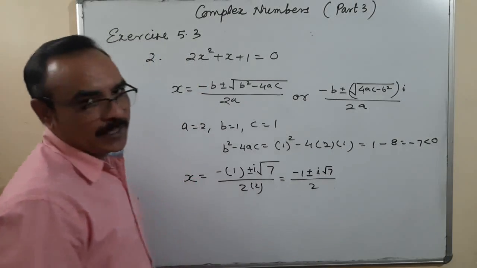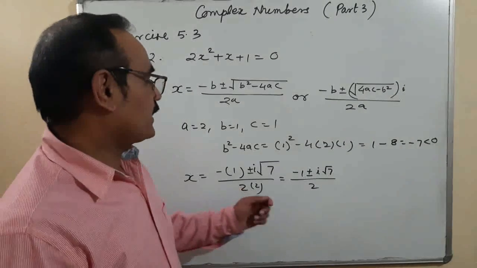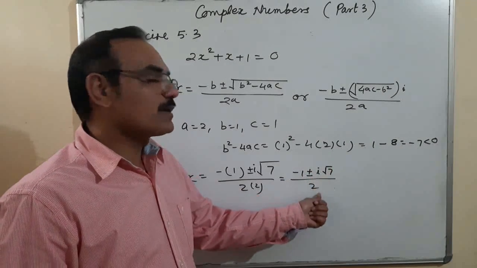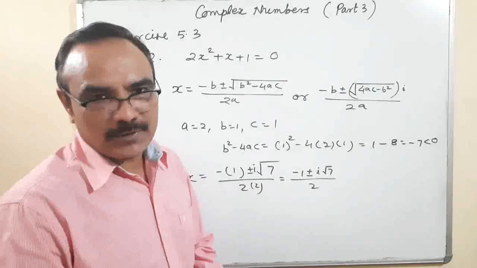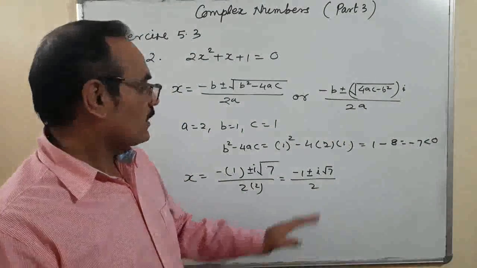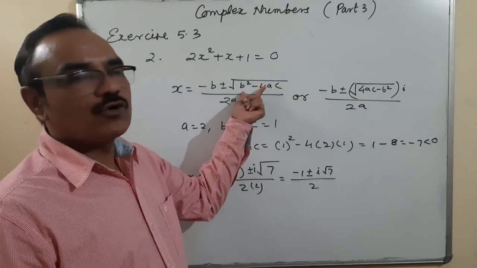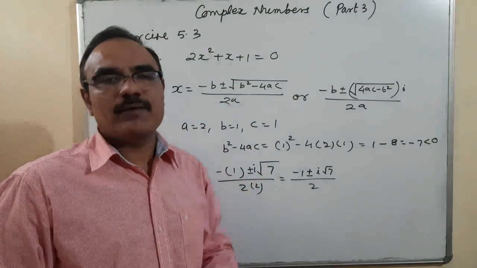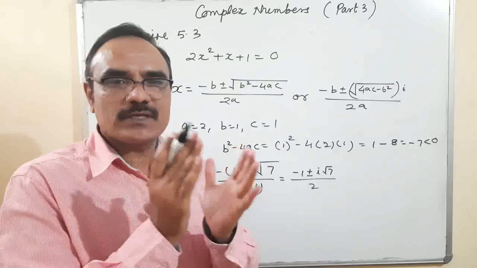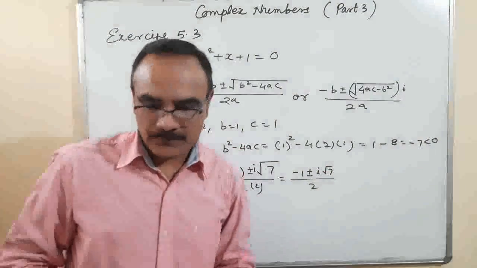These are the two imaginary roots of the quadratic equation: minus 1 plus i root 7 upon 2, and minus 1 minus i root 7 upon 2. Have you understood it? By the way, you can use the other formula also. It gives under root minus 7, which can be written as minus 1 multiplied by 7, and minus 1 is i. So i root 7.